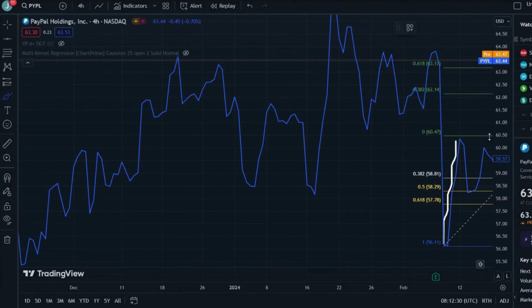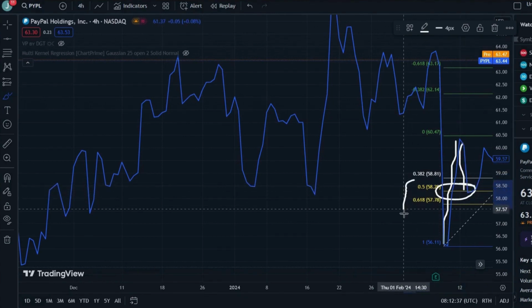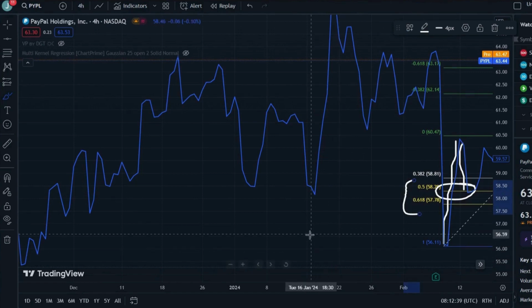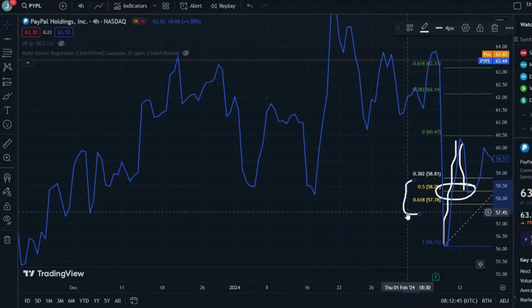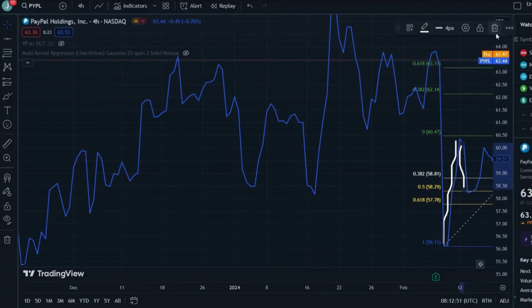And the price came down again and tested this level here. Actually, the level here is the golden zone. It's our golden zone, which can be the best time for somebody to buy the stock for the long term. So as we can see, it's a good time to get into this company.